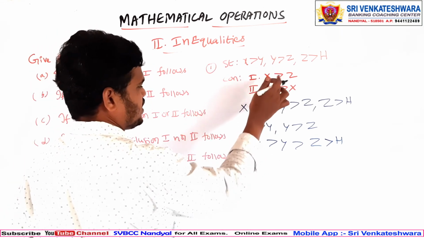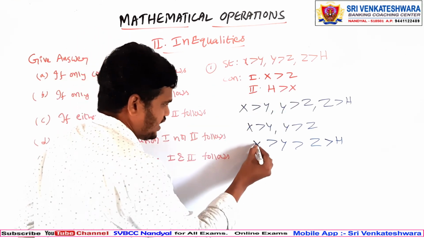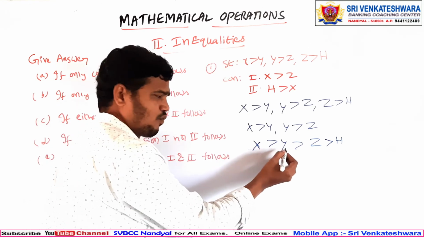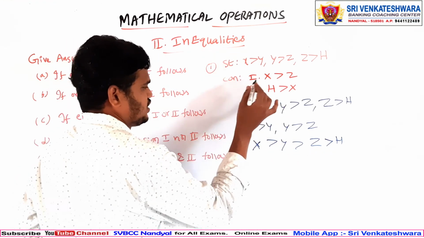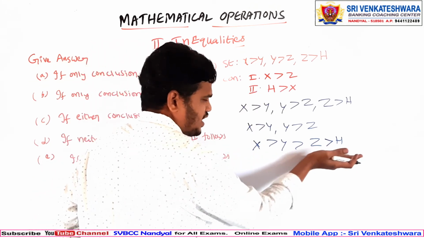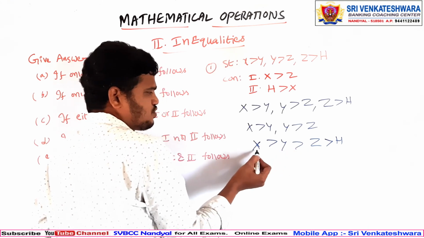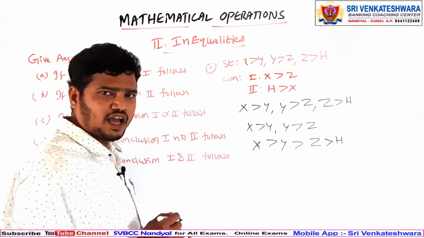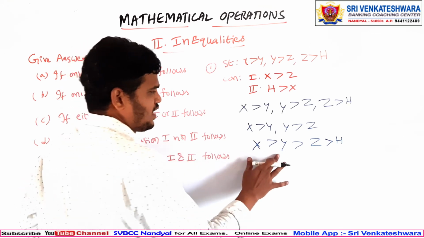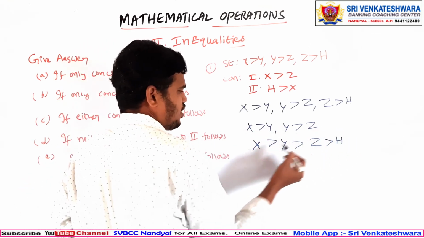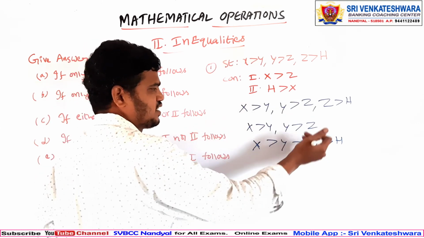The first conclusion is x is greater than z. Now see here, x is greater than y, y is greater than z. Which one is the greatest value here? X is the greatest value compared to all the other letters y, z, h, because x is on the left side: x is greater than y, y is greater than z, z is greater than h.